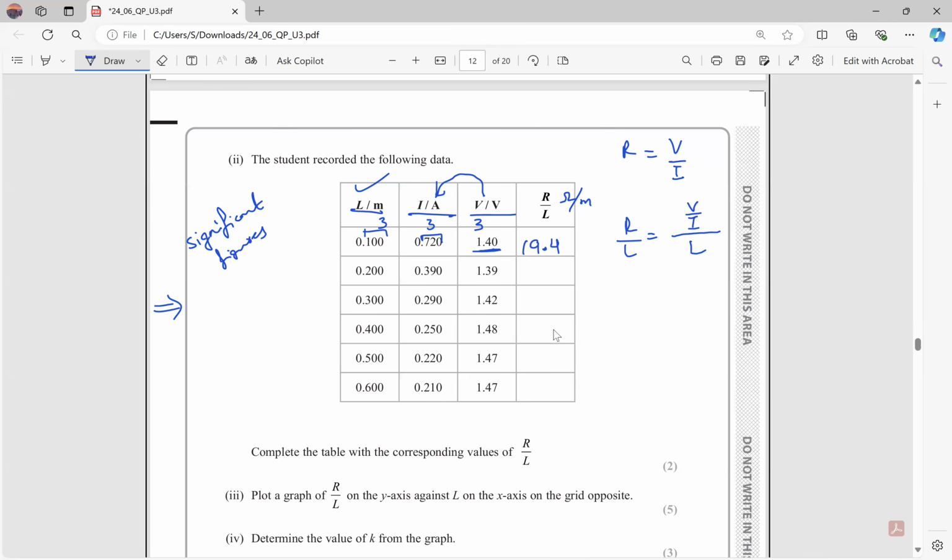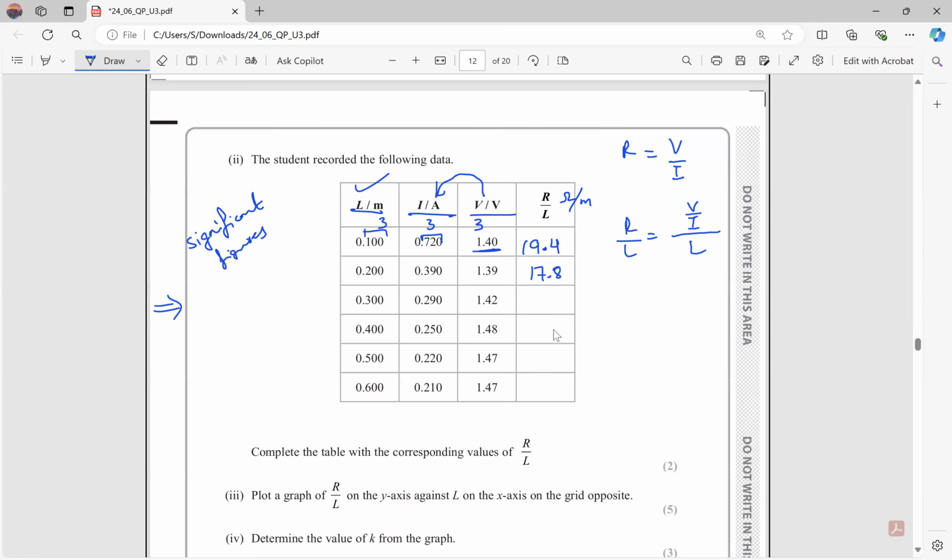Okay, the second one, 1.39 divided by 0.390, and that divided by 0.2. So you get 17.82. Again, there are 3 significant figures, so it would just be 17.8.